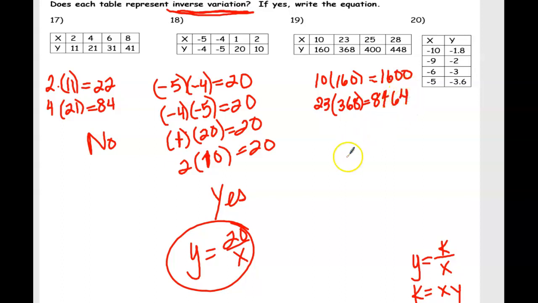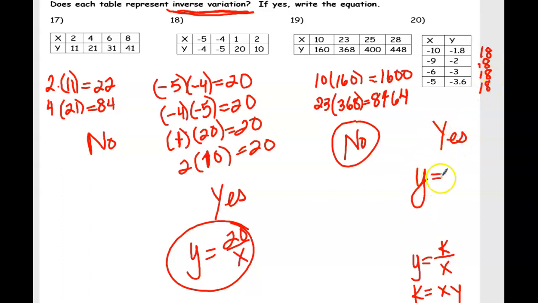So immediately we can say no because they're not the same. And then number 20, when we multiply them together, we get 18, we get 18, we get 18, and we get 18. So we can say yes on this one, and our y is going to be equal to 18 divided by x. So our constant of proportionality would be that 18.